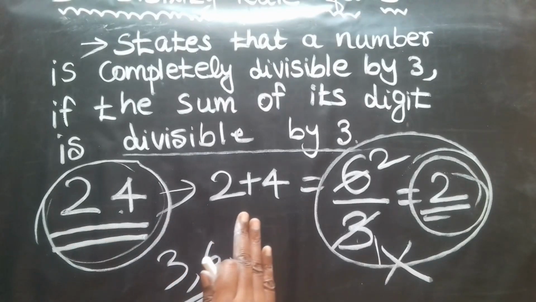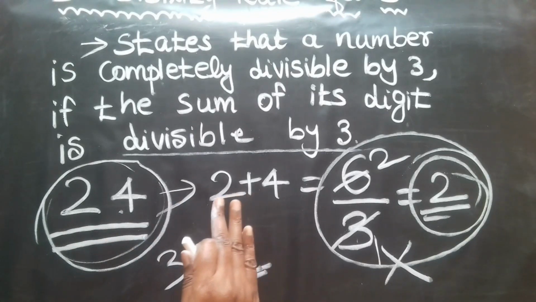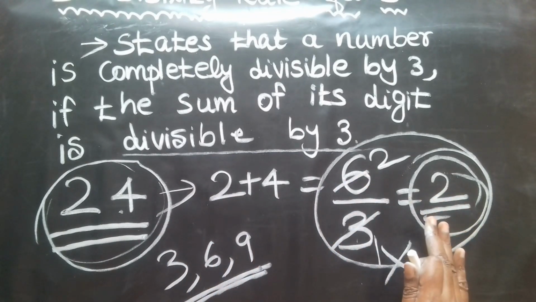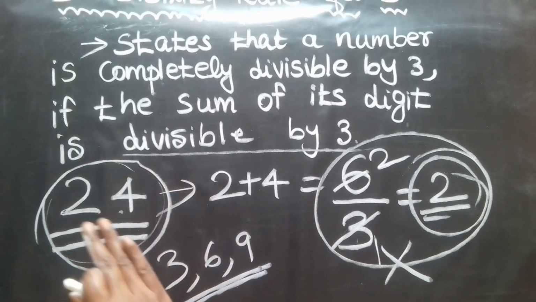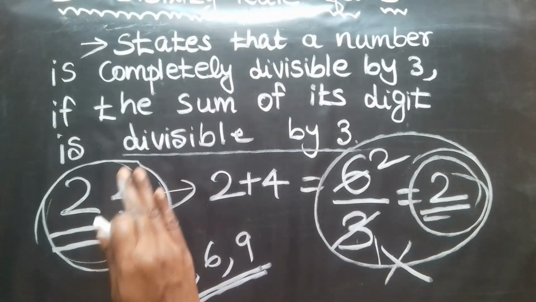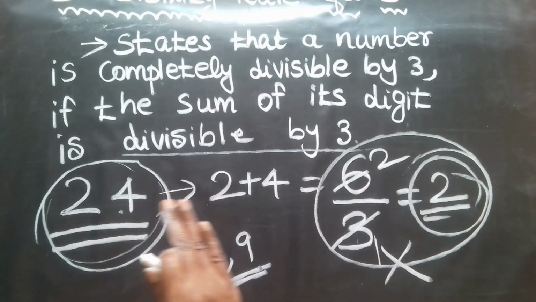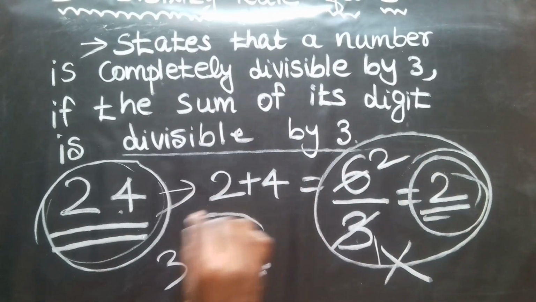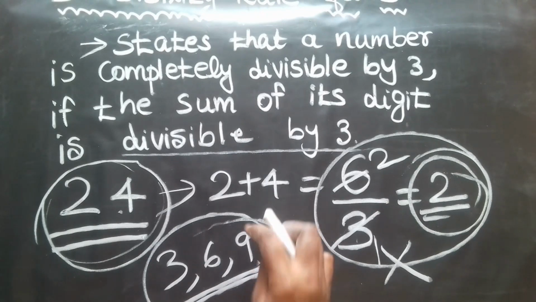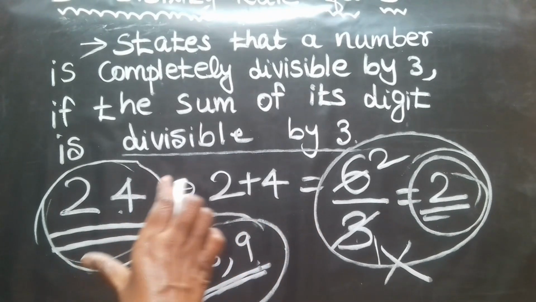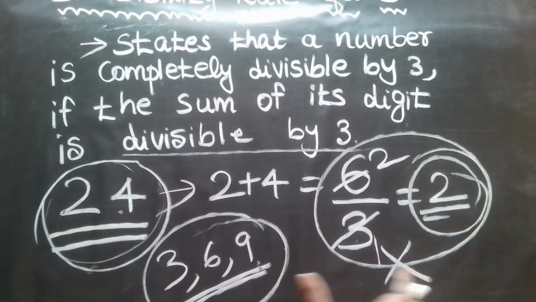Generally for divisibility by 3, you do the digit sum, then divide by 3. If that is divisible by 3, then the entire number is divisible by 3. If not, then the number is not divisible by 3. So instead of doing this step, if the digit sum is 3 or 6 or 9, from here itself you can conclude whether the number is divisible by 3 or not. That's why we have mentioned these steps.